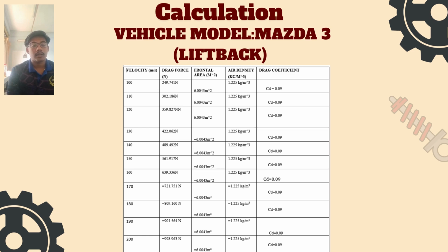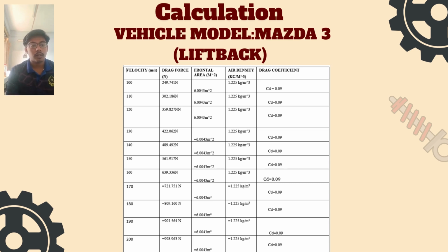For velocity 110, we got drag force 302.186 Newton. For frontal area we got 6.0043 m², and air density is the same as at velocity 100, 1.225 kg/m³, and drag coefficient is also 0.09, the same as velocity 100.